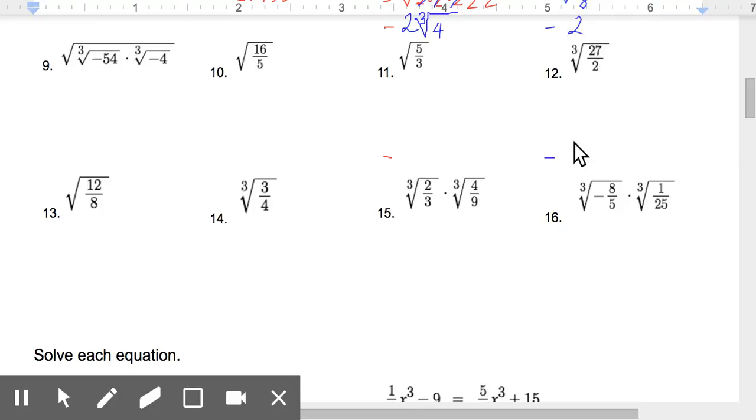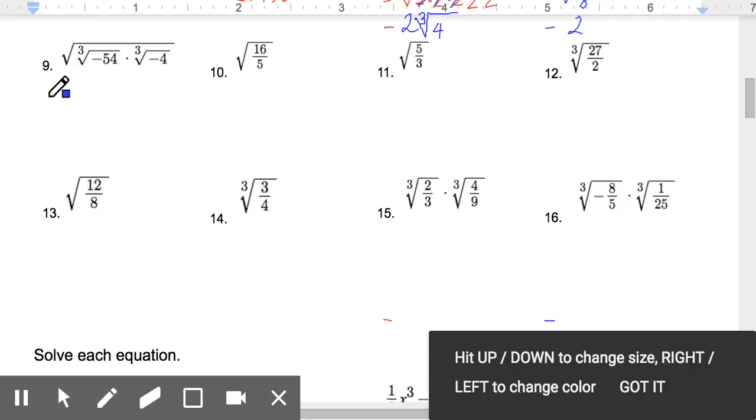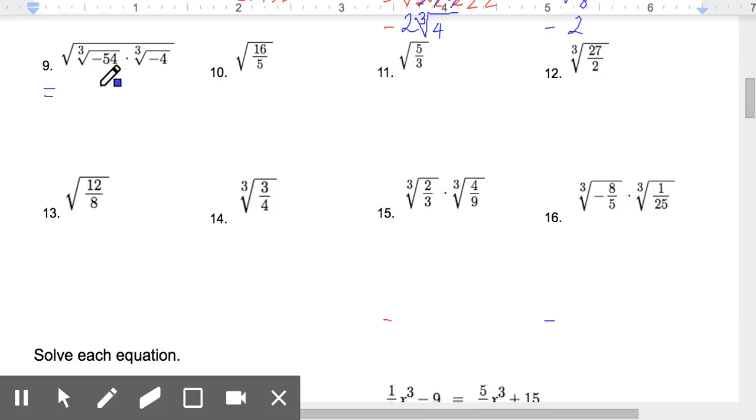Okay, for number 9, we have the square root of, and then inside the square root, we have cube root times cube root. So we will simplify the expression inside the square root first.